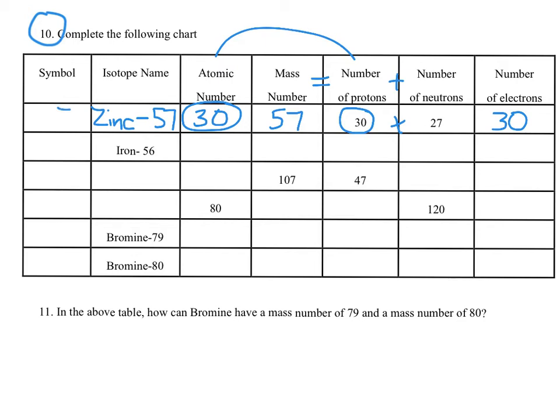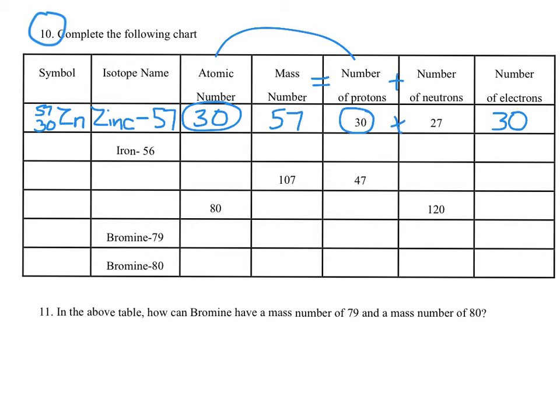To write its symbol, it's simple. I'm just going to write Zn for zinc, but don't forget I'm going to include 2 numbers. The numbers I'm going to include are the mass number on top, 57, and on the bottom I'm going to include 30 for its atomic number. Now that I did that, I have all the information out there about this specific isotope, zinc 57.